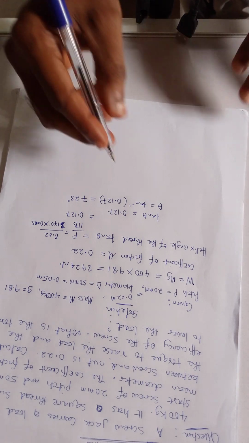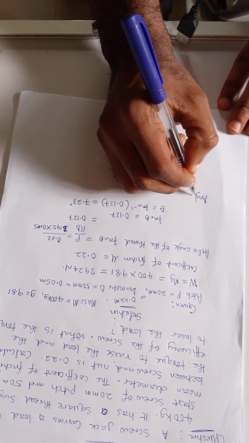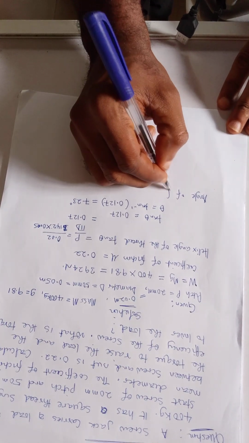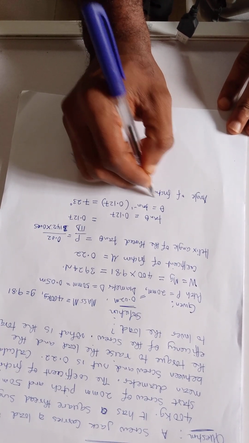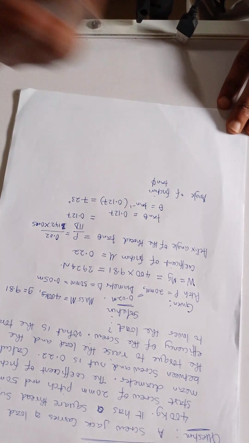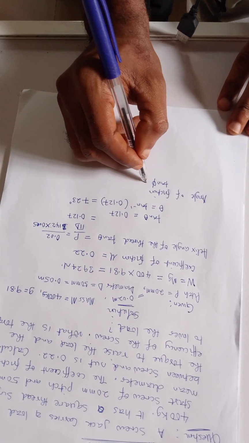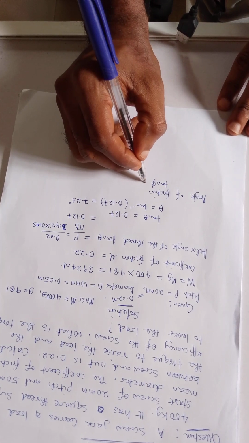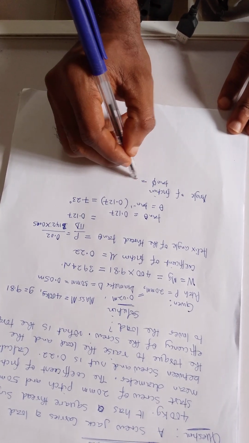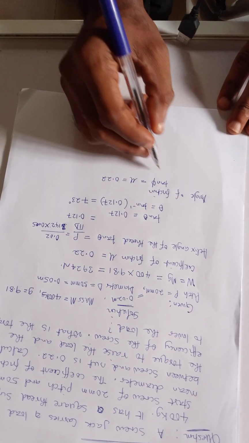With this, we also know the angle of friction phi, where tan phi is equal to mu, which is 0.22.